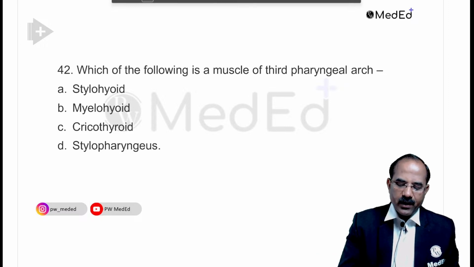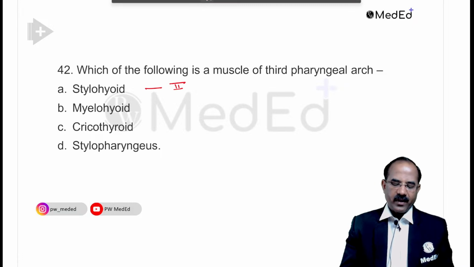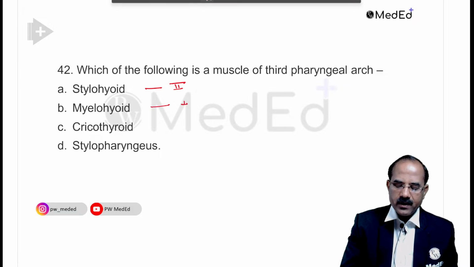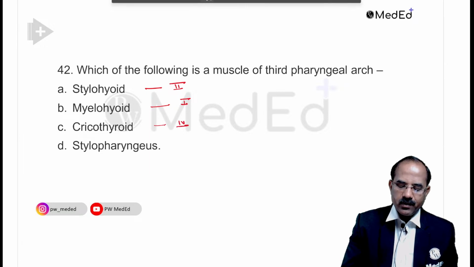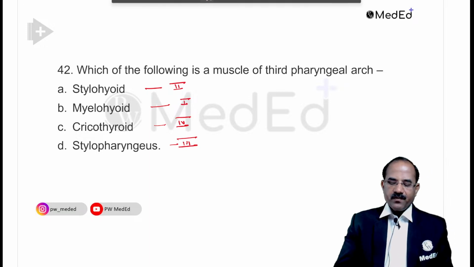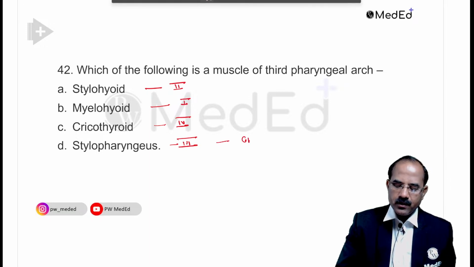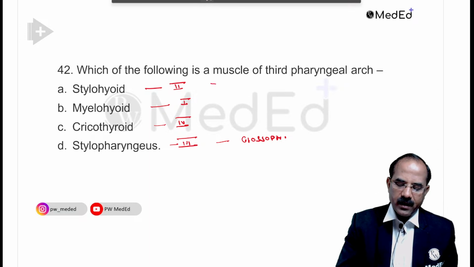Now you tell me, stylohyoid muscle is a muscle of the second pharyngeal arch. Mylohyoid is a muscle of the first pharyngeal arch. Cricothyroid is a muscle of the fourth pharyngeal arch. And stylopharyngeus is a muscle of the third pharyngeal arch. Which is the nerve of the third pharyngeal arch? Glossopharyngeal nerve. The second arch?